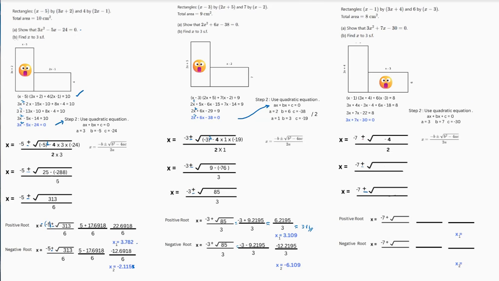We've collected like terms and simplified, and we've made it into the correct form. So we've made it equal 0. So we're all ready. So now we need to pop those into our A, B and C. And as you can see, A is 3, B is 7, and C is negative 30.